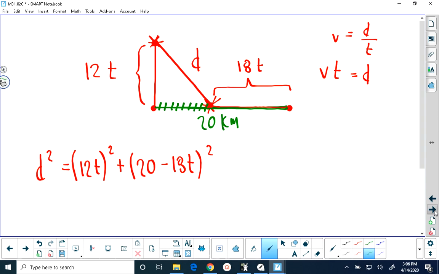And now I'm going to explain something that if you follow this and understand it, it's going to make your life very, very easy from here on in with max-min problems if there's a Pythagorean theorem.